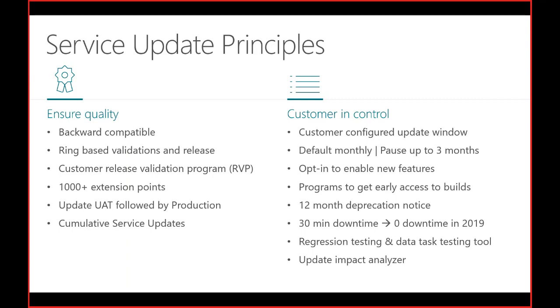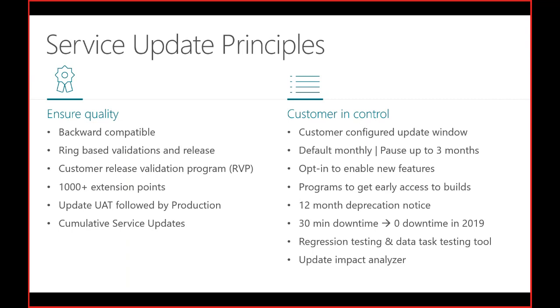Now, with all of these service updates, we talked about how there's new functionality. We talked about how there's hot fixes. You probably want to know, well, how can I test these? What do I need to do in order to be able to see and understand how this is going to impact my environment? So we have some tools available. We have a regression test tool available, and we also have a data task testing tool available.